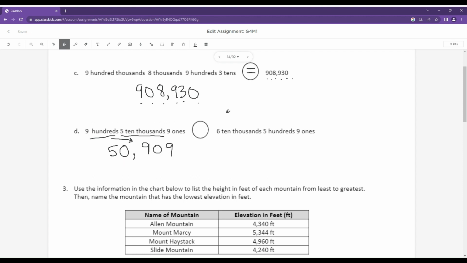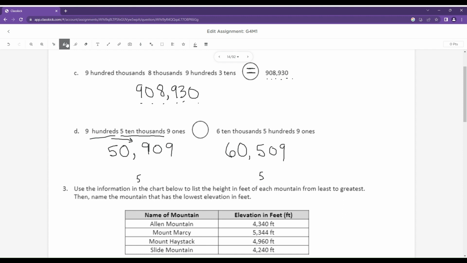50,909. This one over here says 6 10,000s, so 6 in the 10,000s place. Doesn't say anything about thousands, so a 0 in my thousands place. 500s, no tens. I do have 9 ones. I have 5 digits in both instances. So that means I'm comparing the same amount of place values.